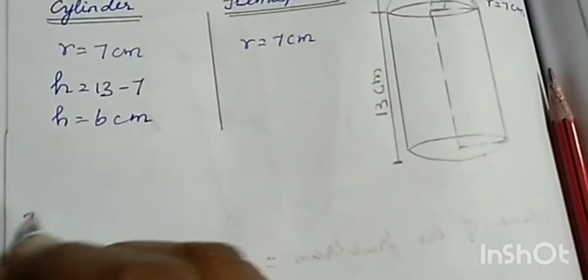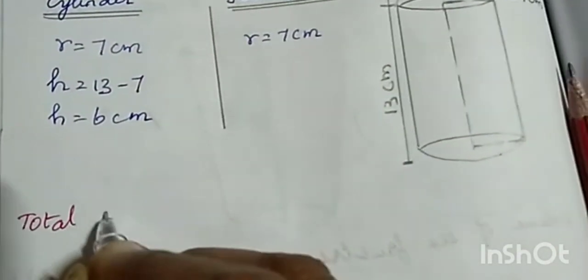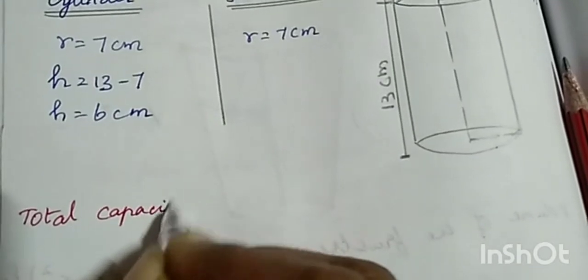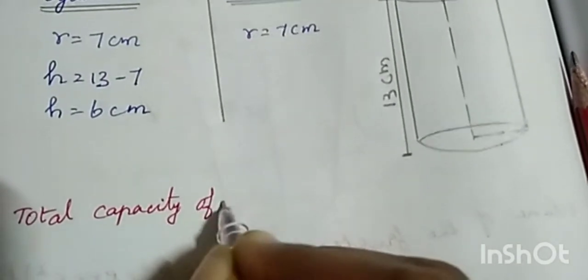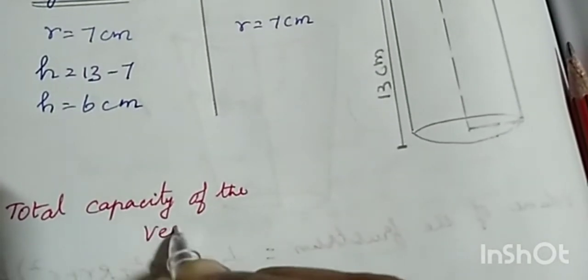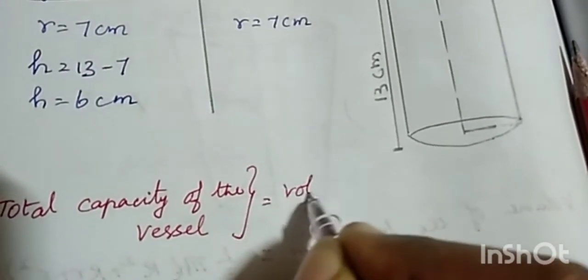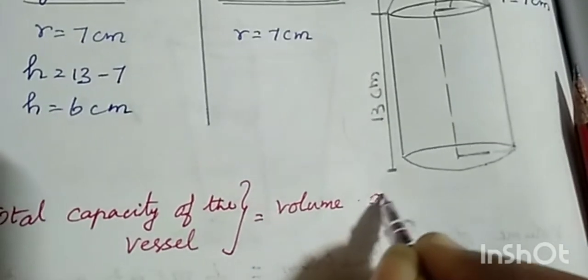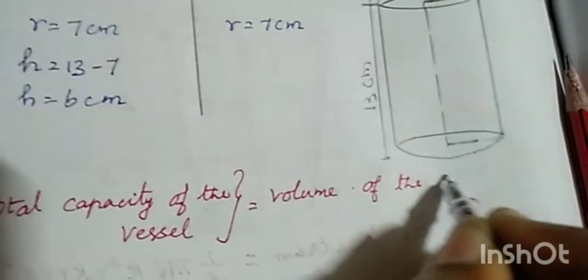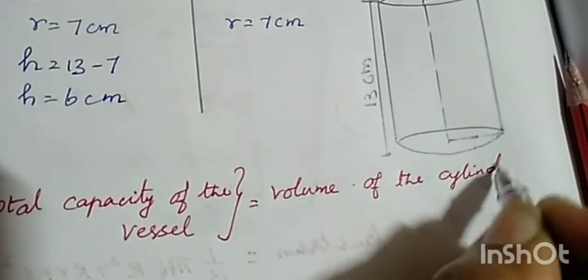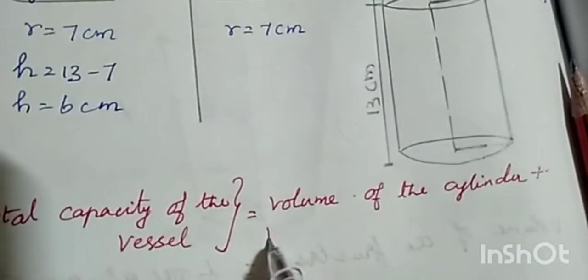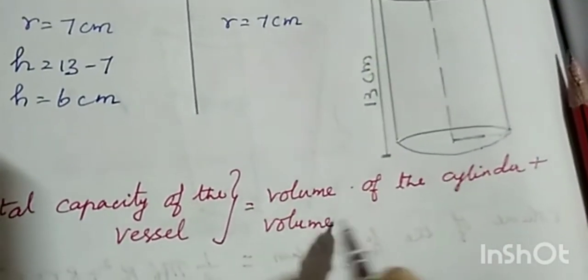So total capacity of the vessel is equal to volume of the cylinder plus volume of the hemisphere.